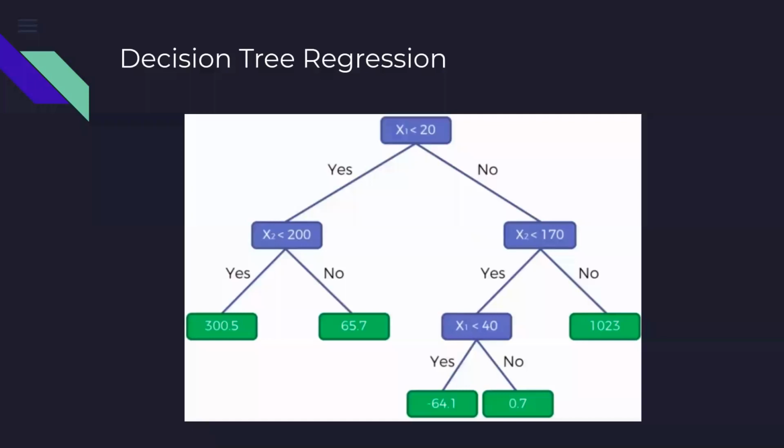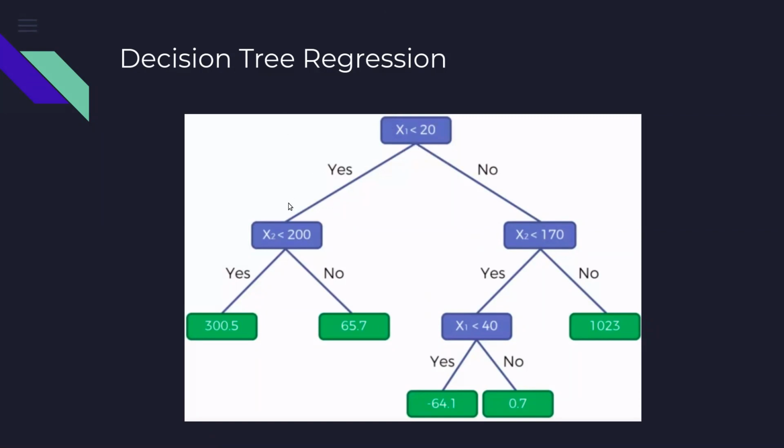Now the first one we will call the root or the parent node. In this case, this is called the parent node, and based on this criterion, we have this child node. So first we divide the entire data set based on a certain criterion.